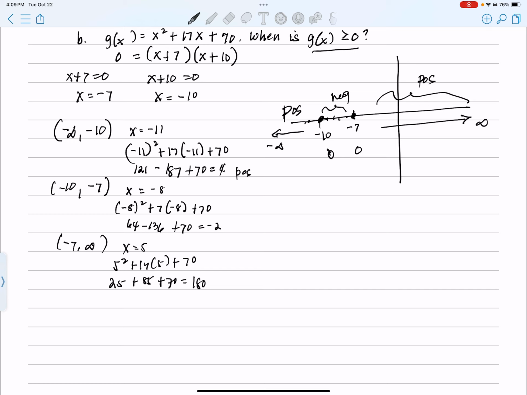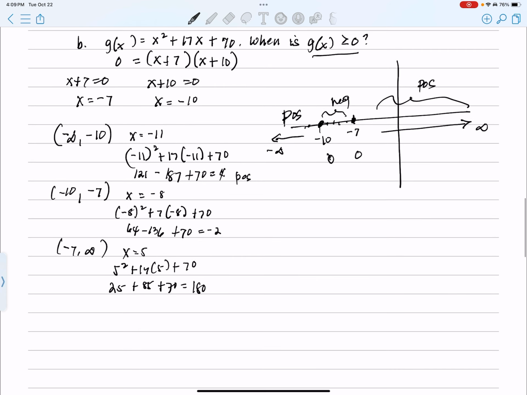Okay, we have that. So on what interval is g of x greater than or equal to 0? Where is it positive? We look for the positive, we don't take the negative.